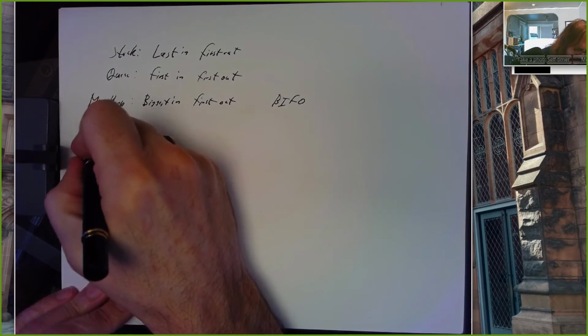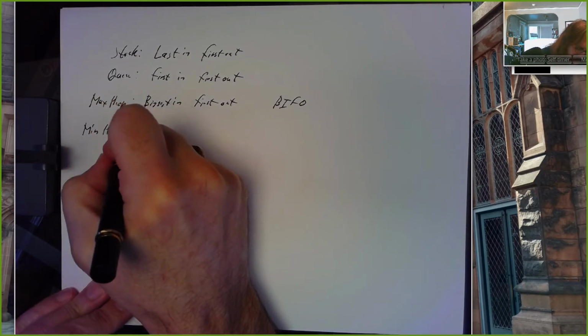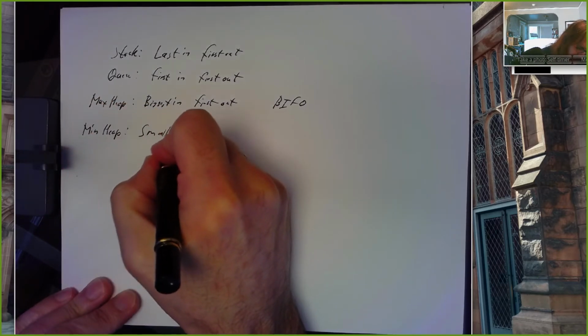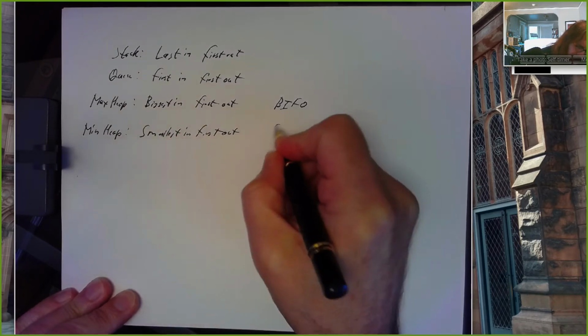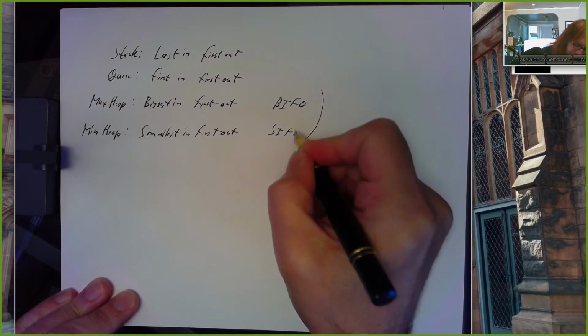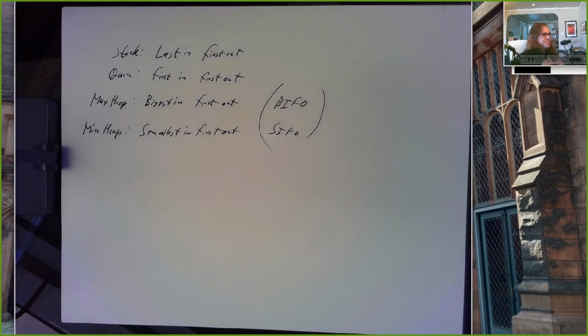And a min heap, that's a SIFO. These aren't official terms. I just like saying them. It's Silly Word Friday. So max heap, the largest thing that you've put into your collection of data is the first thing that will be removed.